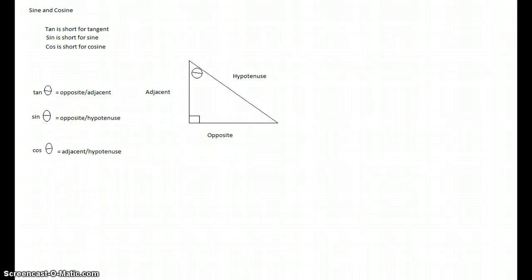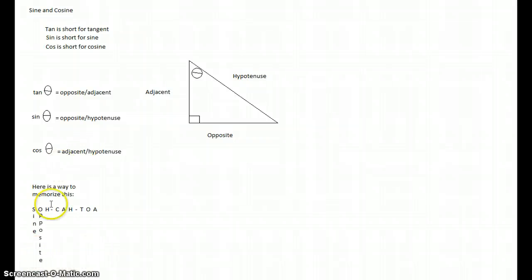Now, I'm going to give you guys a quick way to help memorize all of this. There's something called SOHCAHTOA. If you can remember SOHCAHTOA, that will help you remember sine, cosine, and tangent. And I'm going to show you how to go about using this. The way that SOHCAHTOA works is that the S stands for sine.